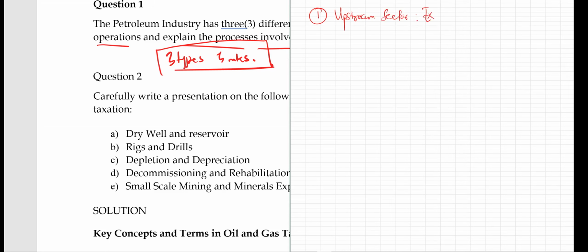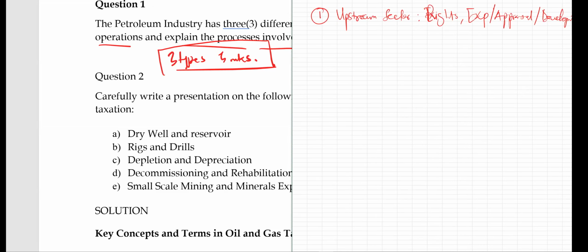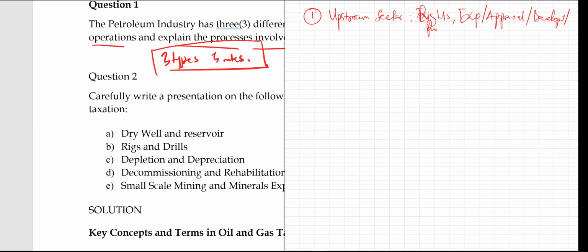The exploration, the rights acquisition, the exploration, the appraisal, and then the development and production, and then the decommissioning or abandonment and relinquishment. So all this part, they do all these things, right? So the rights acquisition stage and all those things are actually in the upstream sector here.